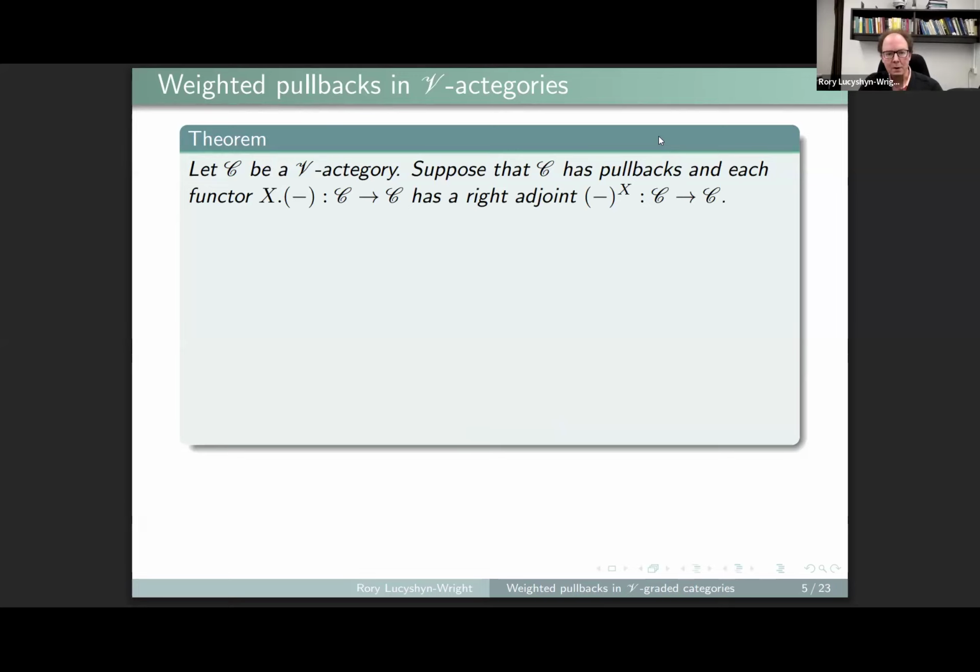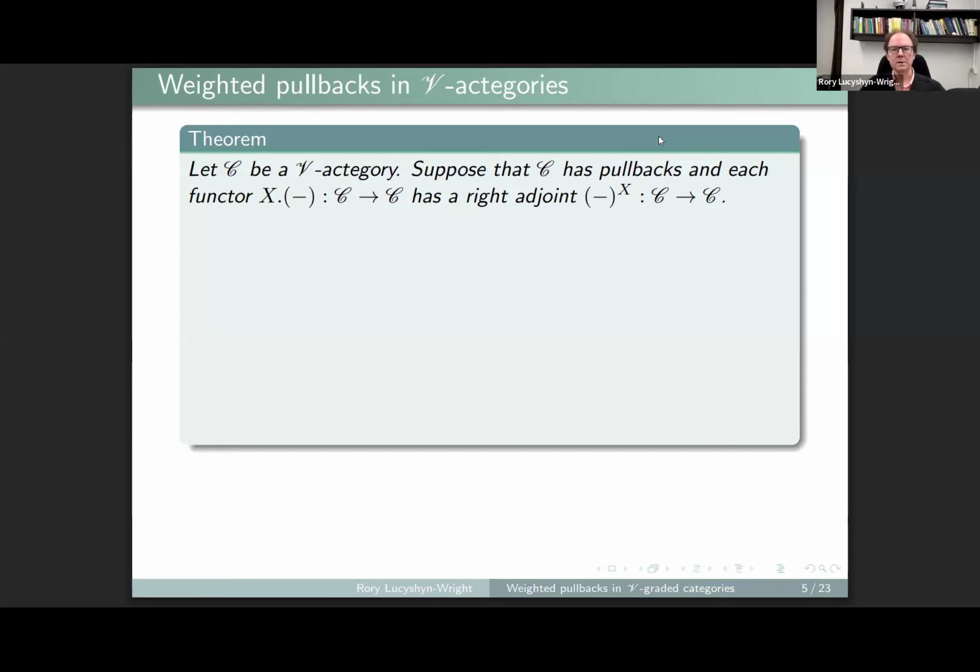So here I should be a bit more explicit and say for each object x of V, the functor x dot blank from C to C has a right adjoint, which we're going to write as blank to the power x, which makes sense, generalizing, for example, the notion of exponential in a monoidal category.